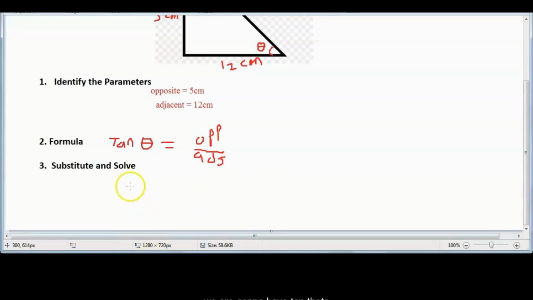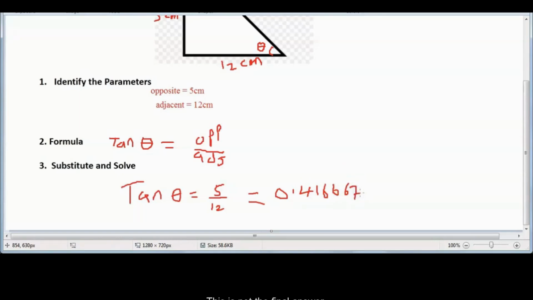So we're going to have tan theta will be equals to 5 over 12, which is the same thing as 0.41667.